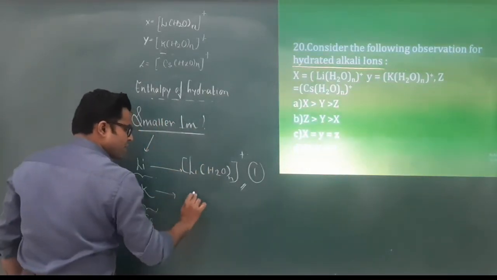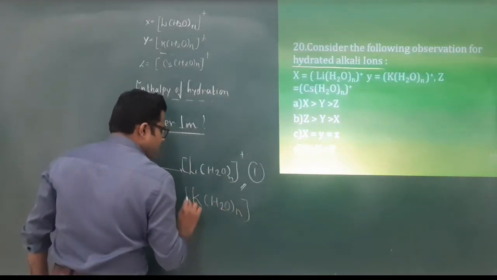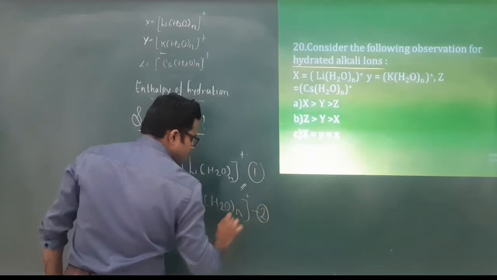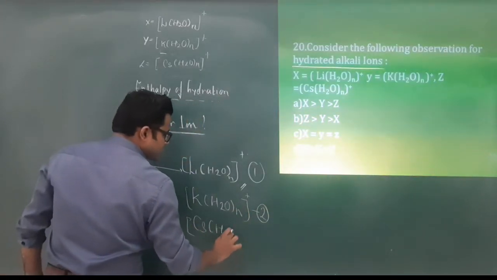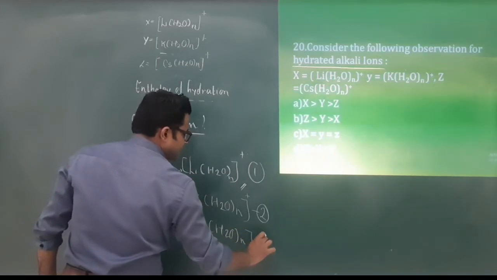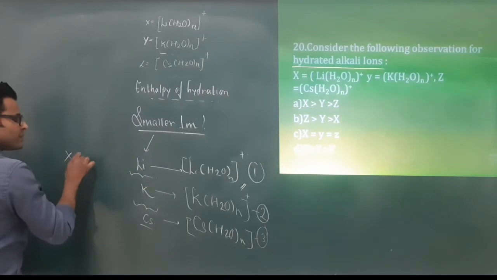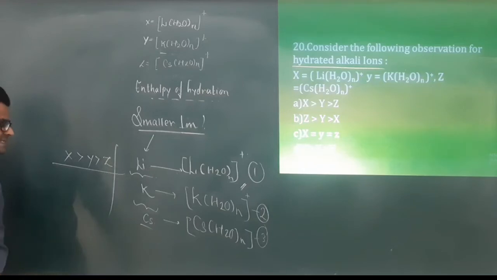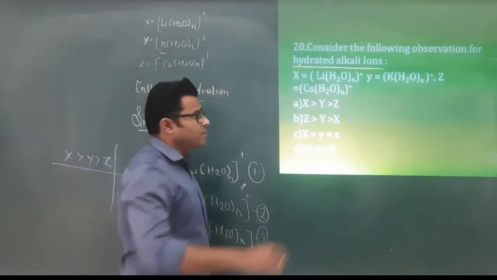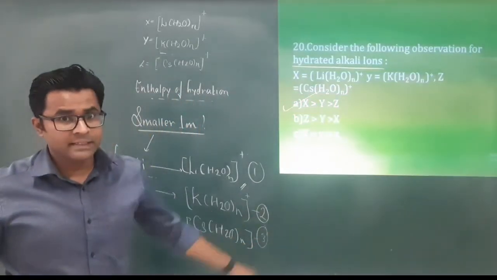Next one is your potassium hydrate, which stands second, and finally is the cesium. So, taking this into consideration, I would say that x should be greater than y, which should be greater than z. This is our answer. So, if you take a look, it is the first one. Correct?